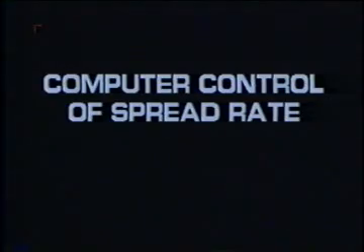That's it. Okay, now we're going to get into the computer. This particular truck is computer rate control. The hardest thing there is to explain about the computer is how simple it is to use.